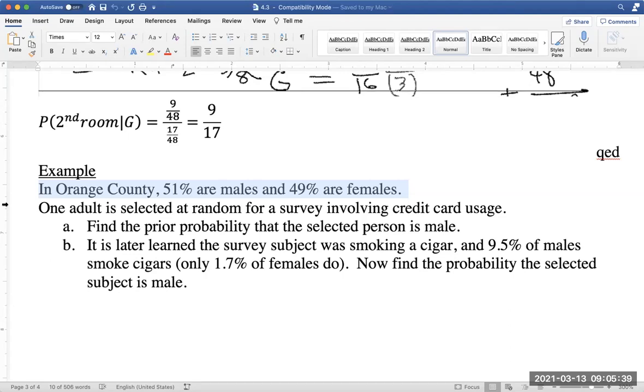It is later learned that the survey subject was smoking a cigar, and 9.5% of males smoke cigars, and only 1.7% of females do. Find the probability that the selected subject is male. Okay, so let's do that. One is an a priori probability, the other is an a posteriori.